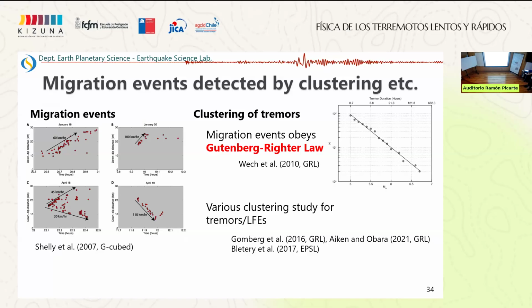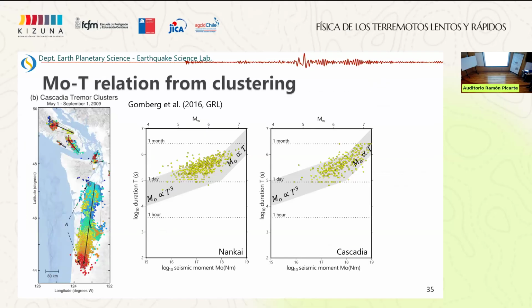And we have a different statistical law for the size distribution of tremor clusters, like the earthquake size-frequency statistic of the Gutenberg-Richter law, but it's too specific, so I will skip. But the important thing is we have moment and duration scaling.